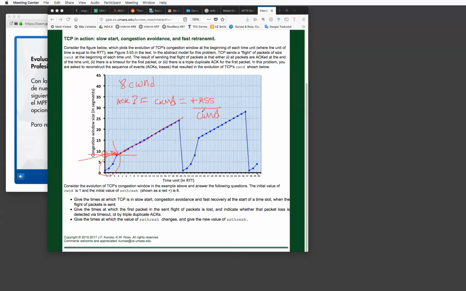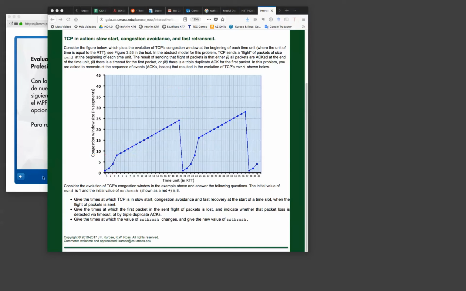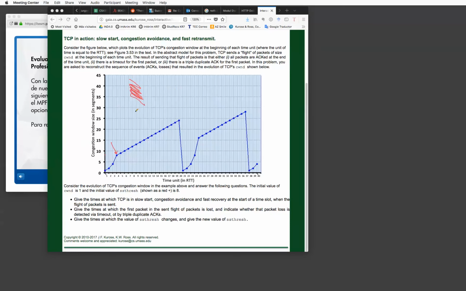So if this was 8, then you're going to end up growing by 1/8 each time. And that makes sense. I'm at the point where my congestion window is set to the value of 8 right here, and I send out 8 packets, and I'm going to get 8 ACKs back.